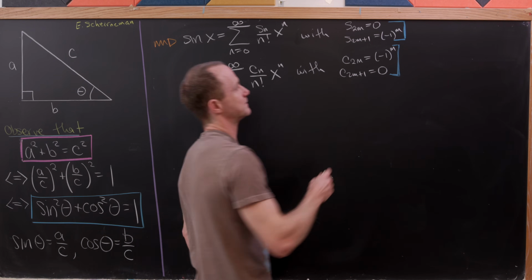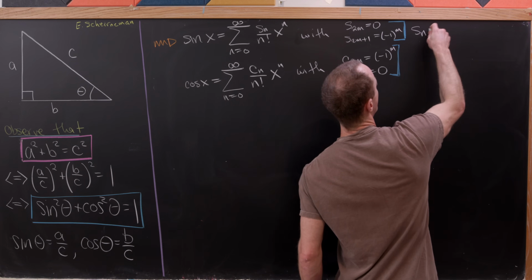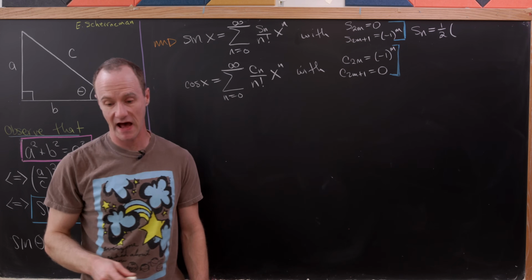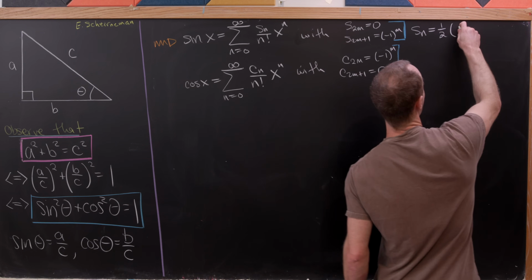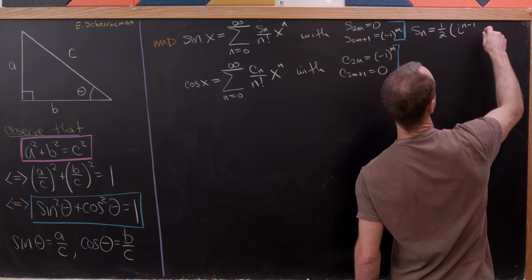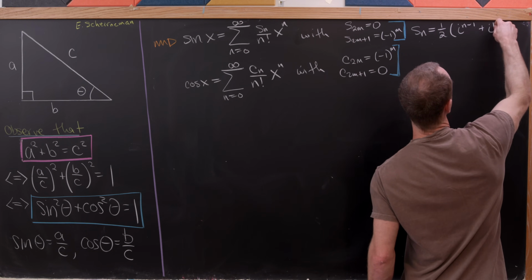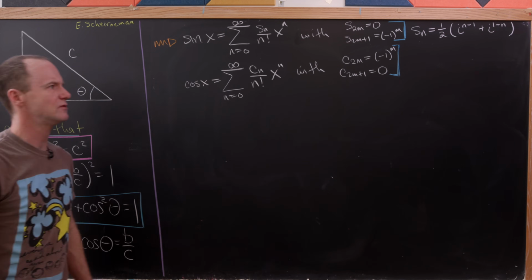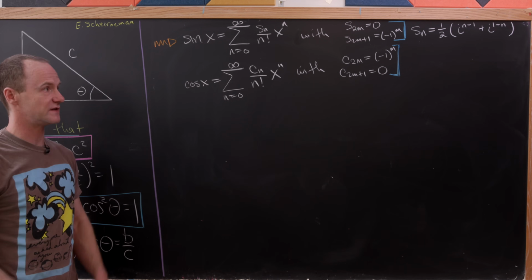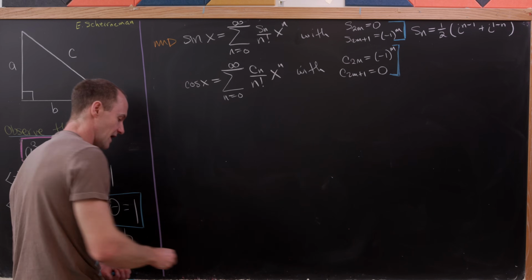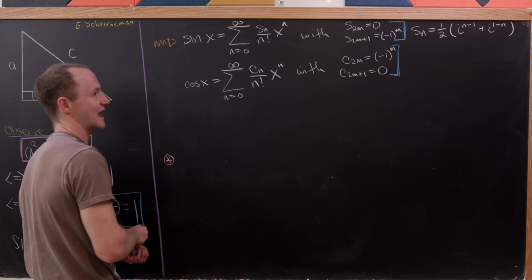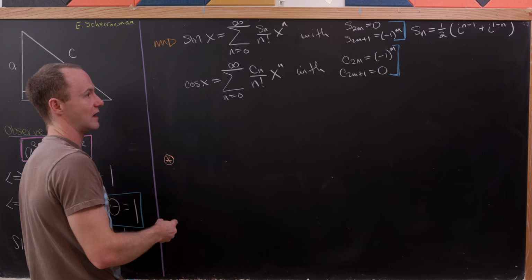So here's what we'll do. We'll observe that this is equivalent to setting S_n equal to 1/2 times (i^(n-1) + i^(1-n)). So I'll let you check that out in all of the details if you want to, but maybe down here, I'll just check that it works for the even values.